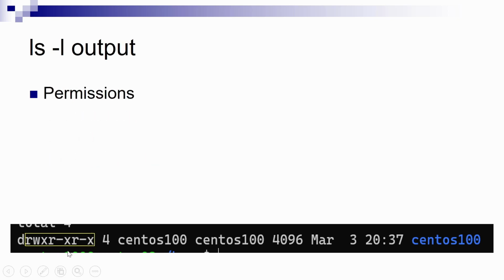Now the next block of characters represents the permissions on the item in question. Regarding permissions, we are going to talk about them in a later video in this series. The next character is the number of symbolic links that point to this directory. The next one represents the owner of the directory or the file, so the user account that has owner access on that item.